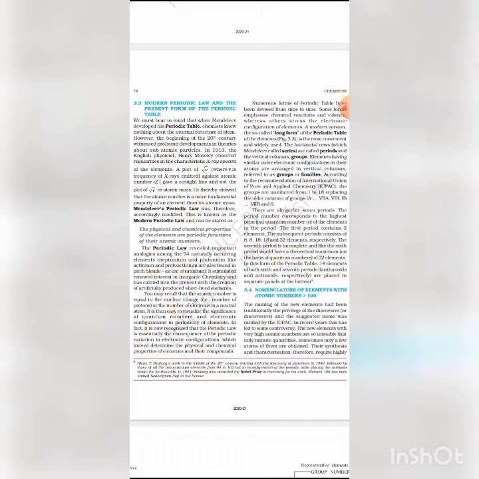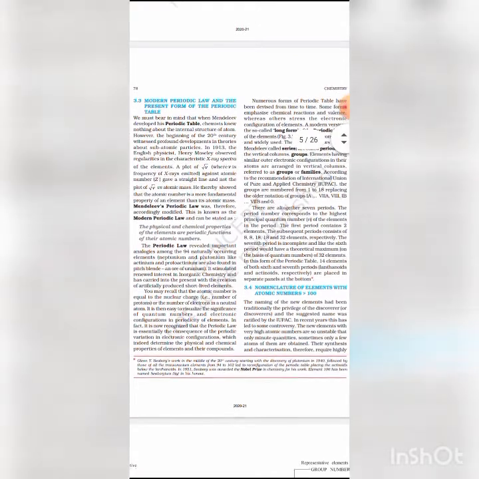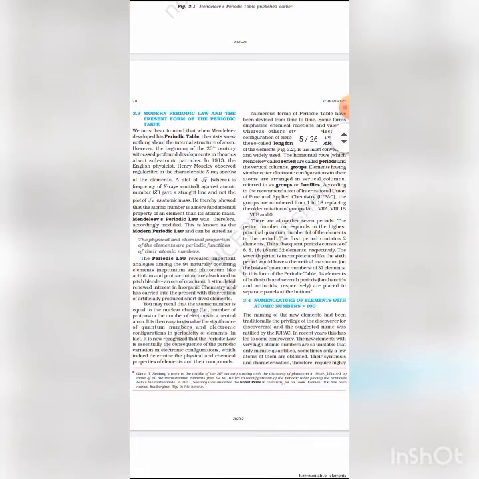The left portion contains elements of groups 1 and 2 except hydrogen. All of them are highly reactive metals; elements of group 1 are called alkali metals, while the elements of group 2 are called alkaline earth metals. The right portion contains elements of groups 13, 14, 15, 16, 17 and 18.